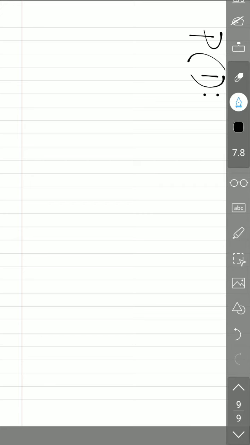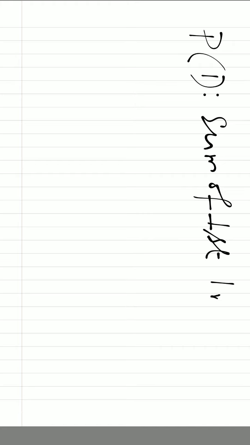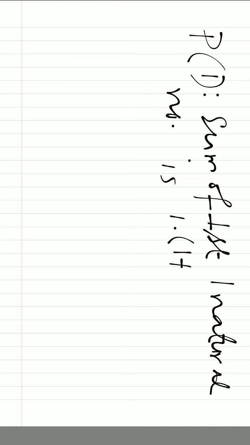this is out of the solution. Let me just explain what is P1. So for P1 we can write the sum of first one natural number is 1 into 1 plus 1 by 2.